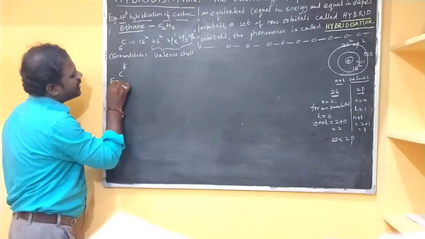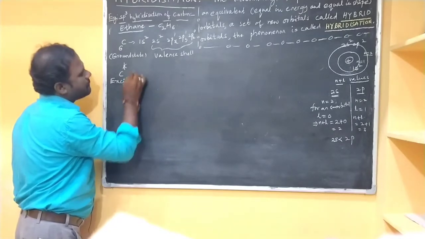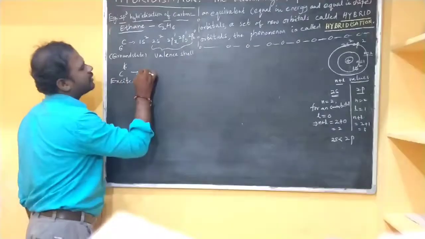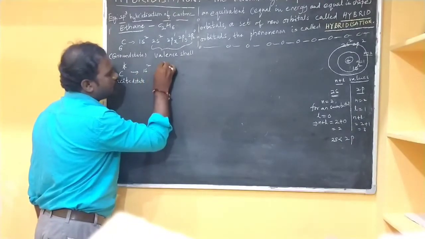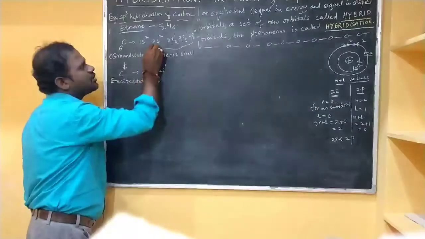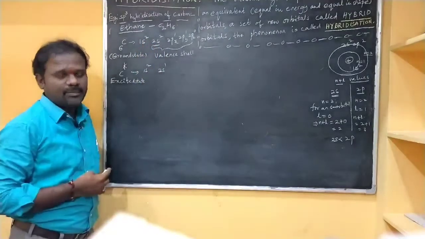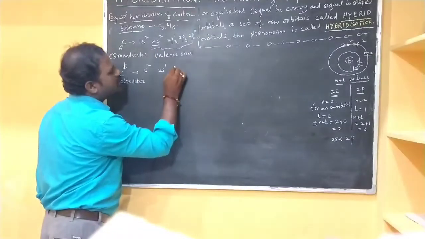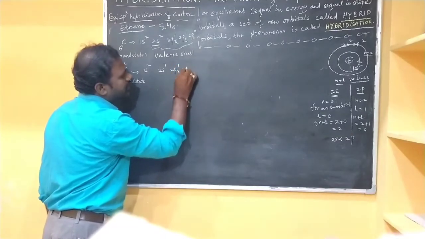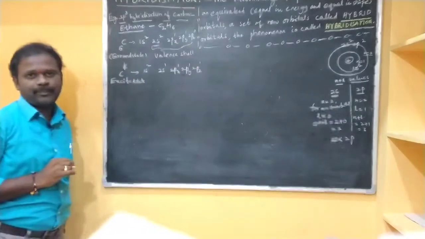So in its excited state, here what is the electronic configuration? 2s1. And because this electron can jump from the lower energy level to the higher energy level, we can see in the energy level diagram also. For the formation of 2s1, 2px1, 2py1, 2pz1.